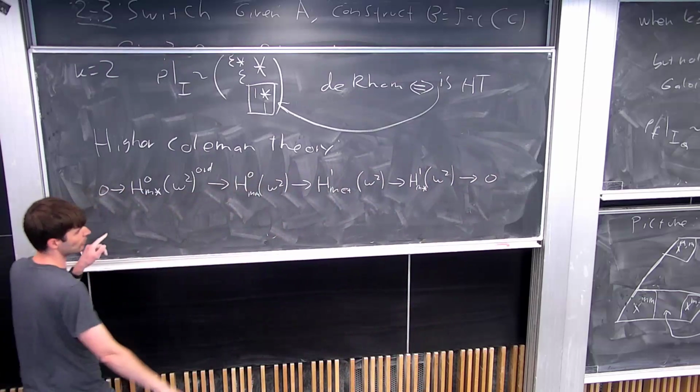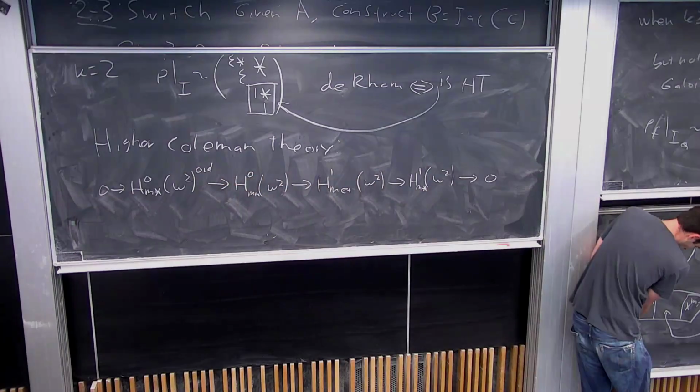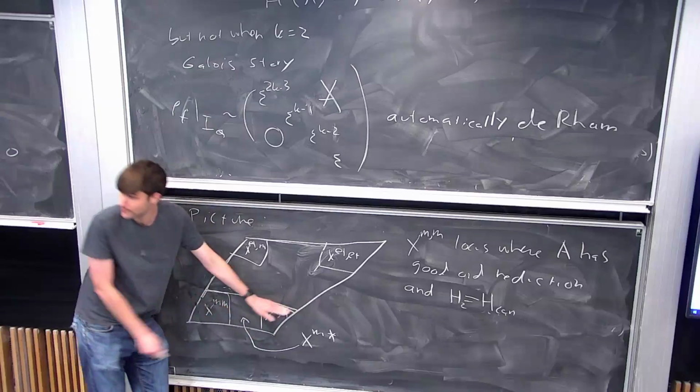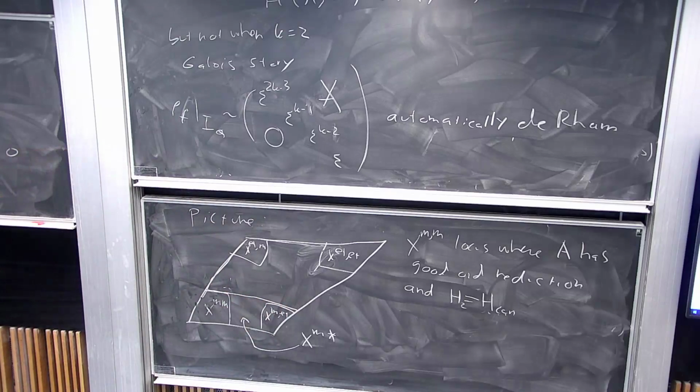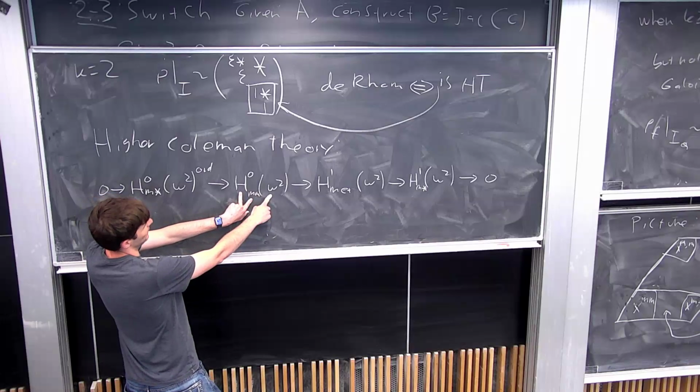Where the 2 cohomologies on the outside are sort of the cohomology of maybe the dagger neighborhood of this region. This is sort of overconvergent modular forms as it was before. I've just changed the notation.